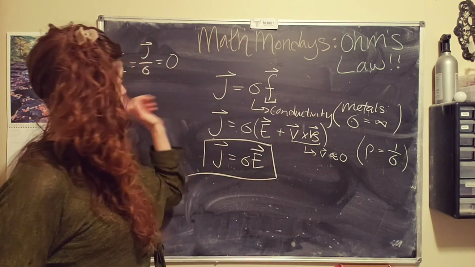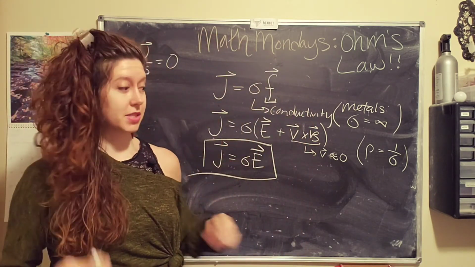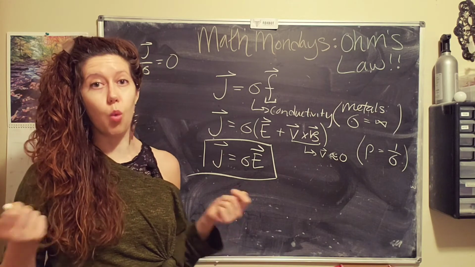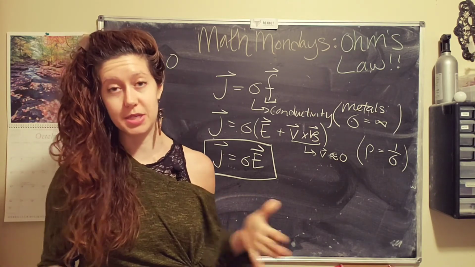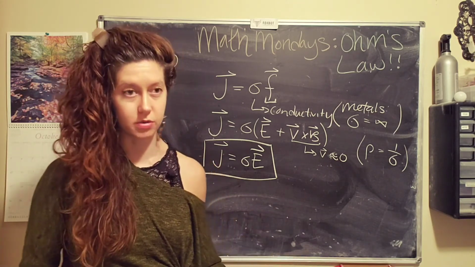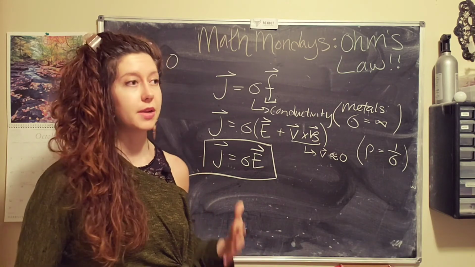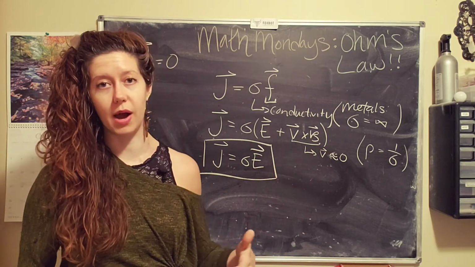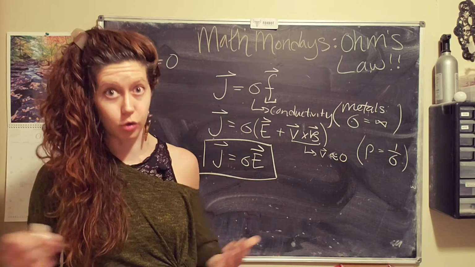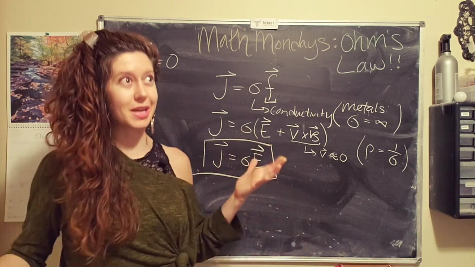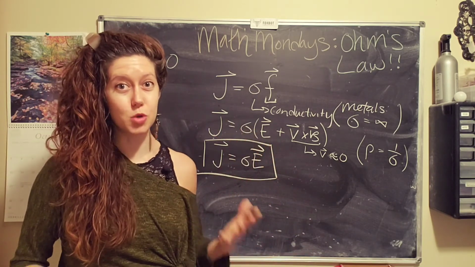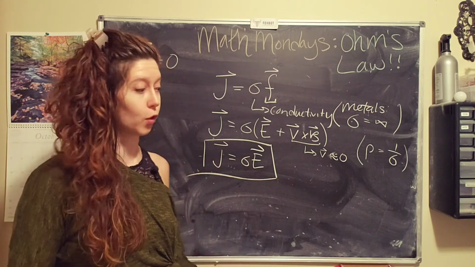And actually, this is really cool because this is why we can assume wires in a circuit are equipotential at both ends. In other words, we can assume that the current flowing into a wire is the same as the current flowing out of that wire. Seems like a very basic assumption, but it is really, really powerful.